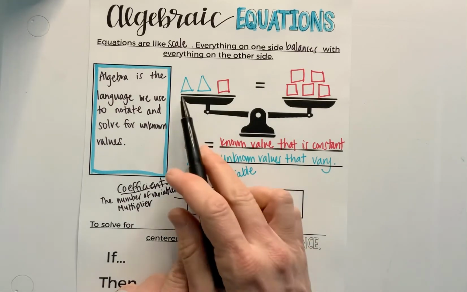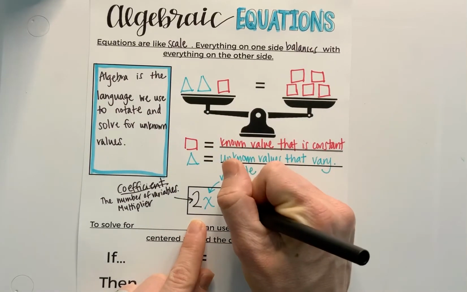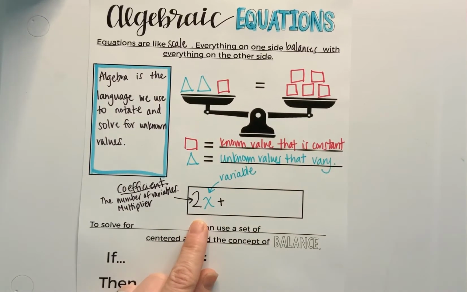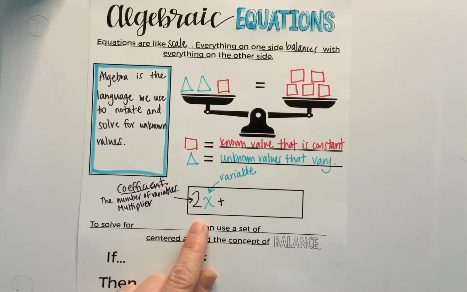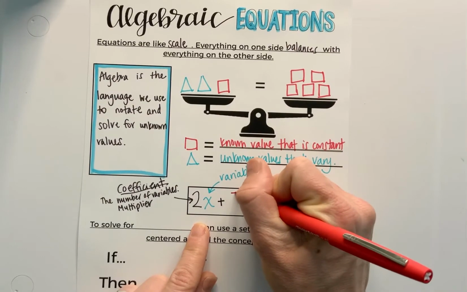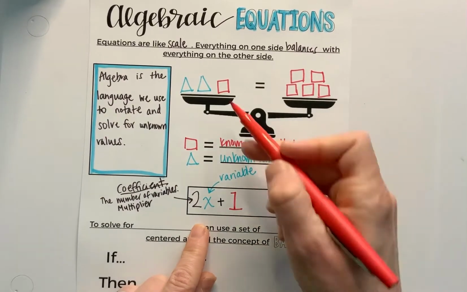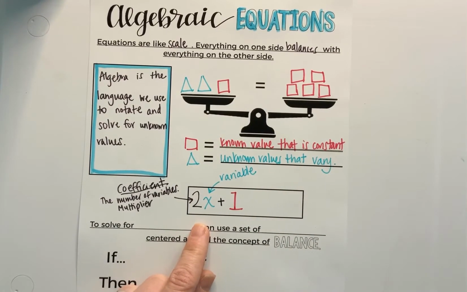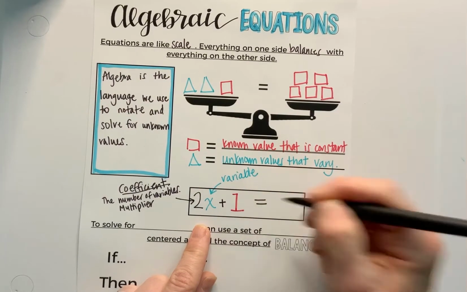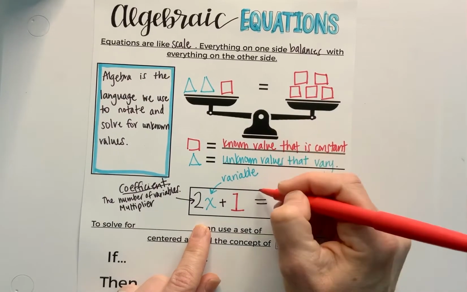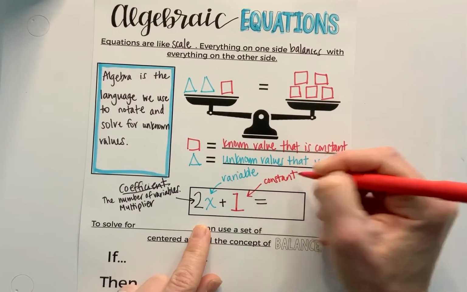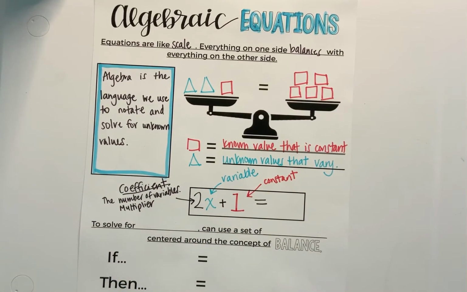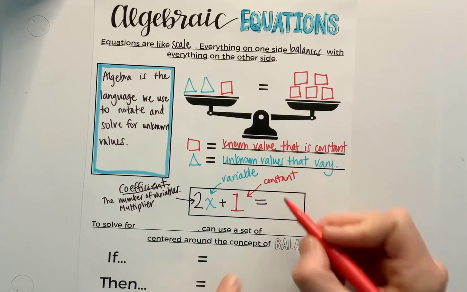Now, what else do we also have on this side of the balance scale? We also have 1 red square. Now we know that that 1 red square is just a known value that's constant. So we're just going to use a regular number 1. That value is constant, so it is called a constant. That is the vocabulary term: a constant.